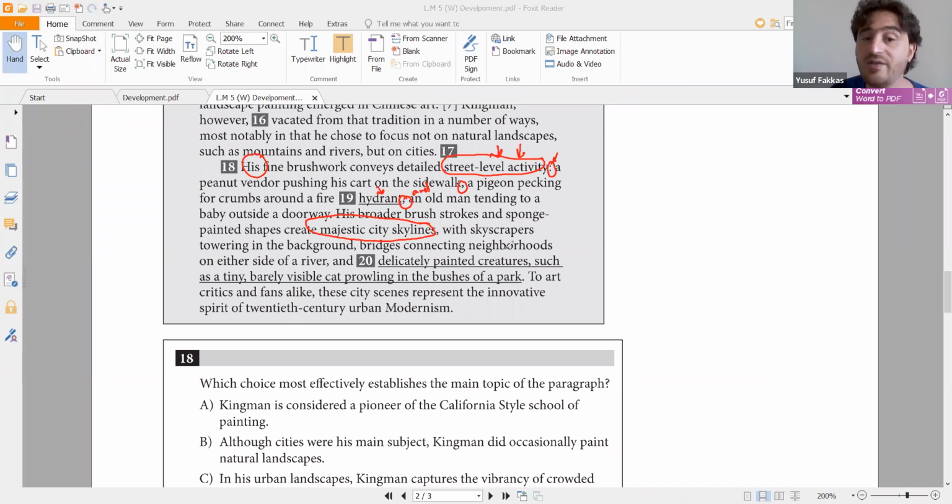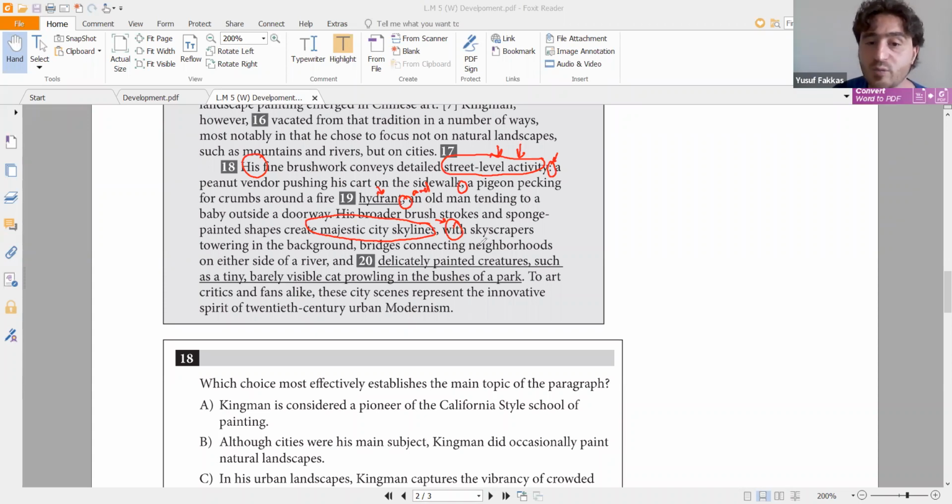Again, what do we have here? We have a list of examples. How did we introduce this list of examples? With a preposition. Remember when we said there are 3 or 4 different ways to introduce a list. One of them is to use just a preposition. So here they used with to give us a list of examples. How does he create majestic city skylines? The first example is skyscrapers towering in the background.